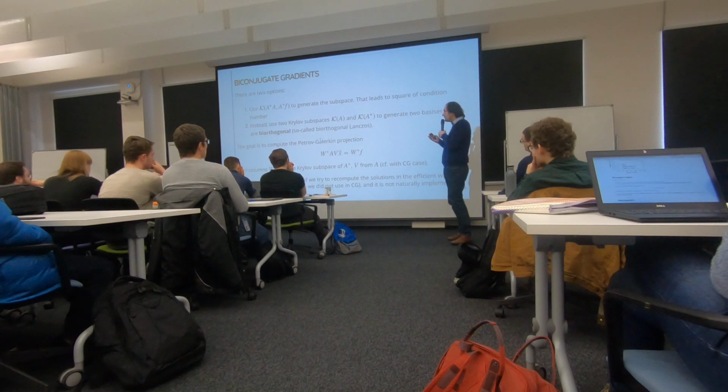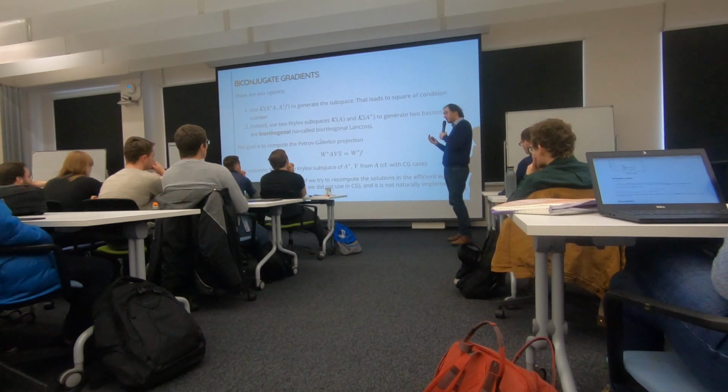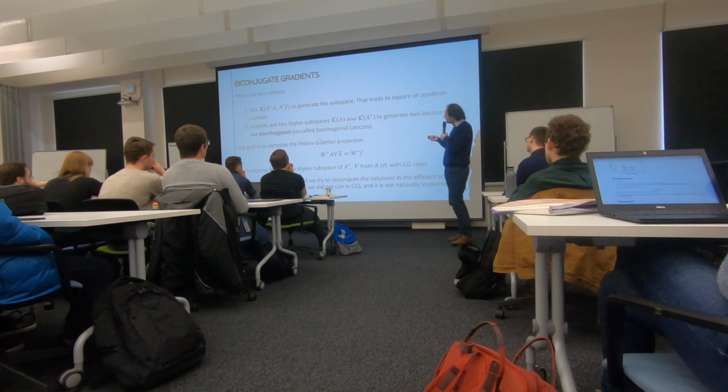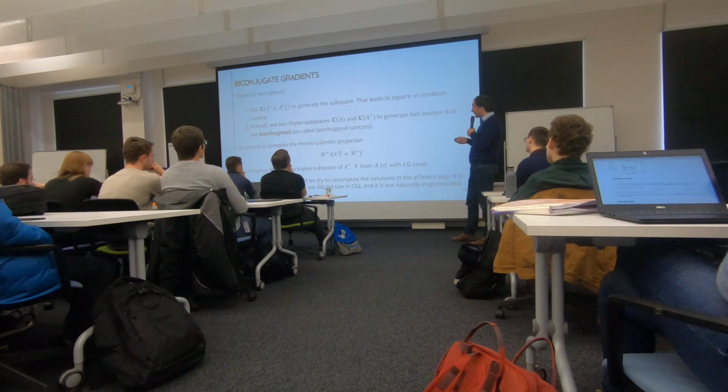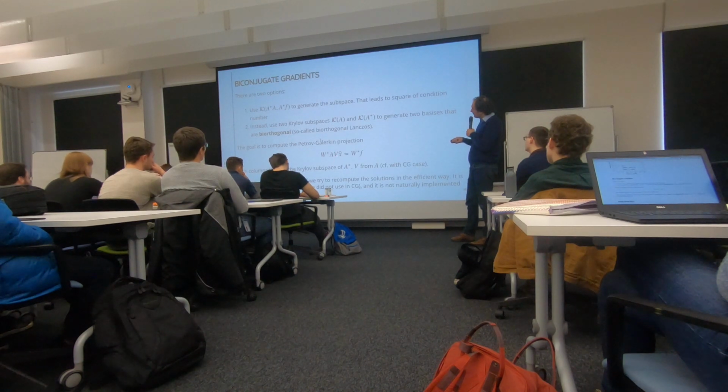We are not generating an orthogonal basis in each of the spaces, but we generate two bases such that the columns of this basis omega and the columns of the basis for A star will be mutually orthogonal. So in terms of matrices, omega star V will be equal to the identity matrix. So if A is the identity, we hope to get the identity here.